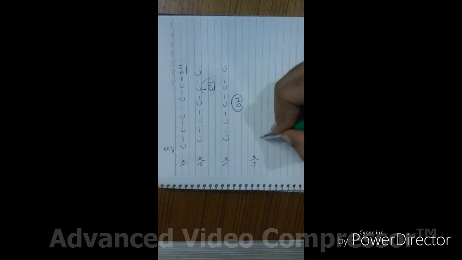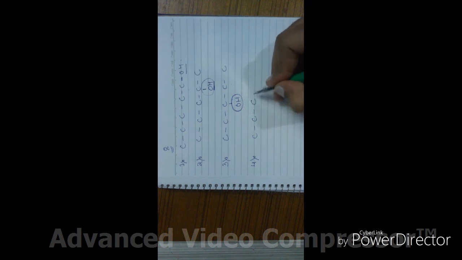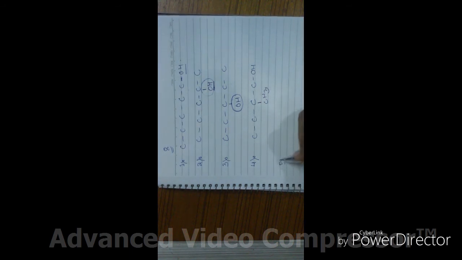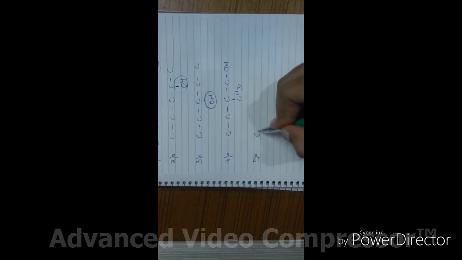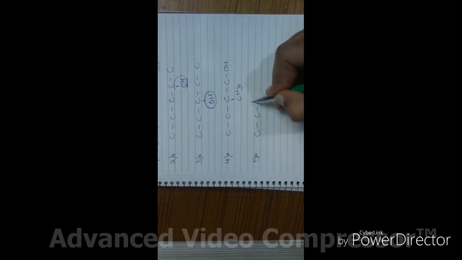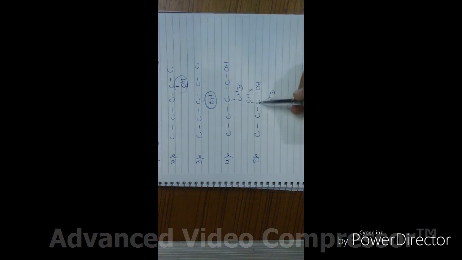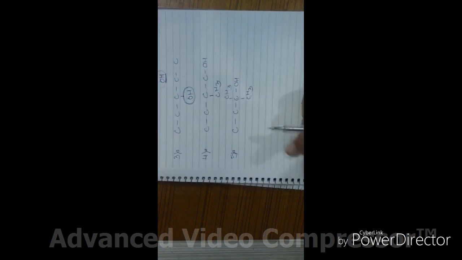Now fourth, you can change the substituent. Now you can change the substituent CH3, and this is the fourth isomer. Fifth, now you can change CH3 in a 1 2 3 4 5 carbon chain. Here also 5 carbon atoms are present. So 5 isomers.